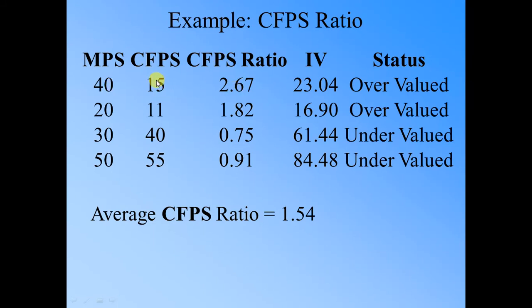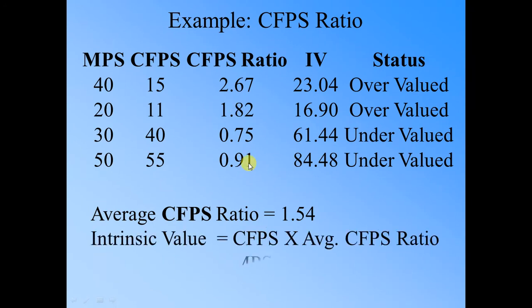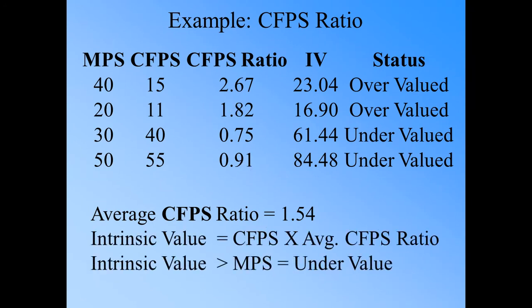Again you can see that the cash available for one share is 15. Now the market price is 40. It is overvalued. Similarly, if you use the average method for the intrinsic value, you take the average of this cash flow multiple, which is equal to 1.54, and then to calculate the intrinsic value, you calculate the cash flow per share of the given firm and multiply it with the average price to cash flow multiple.